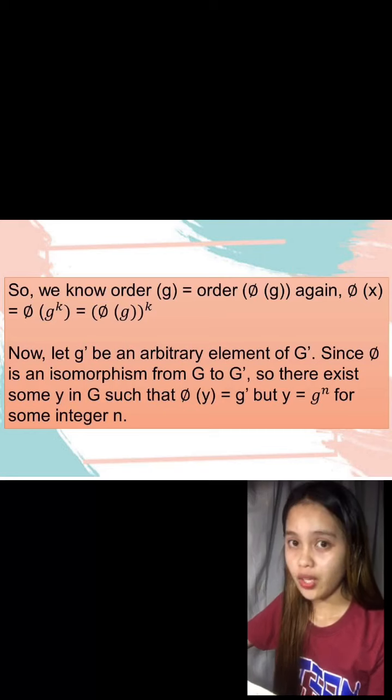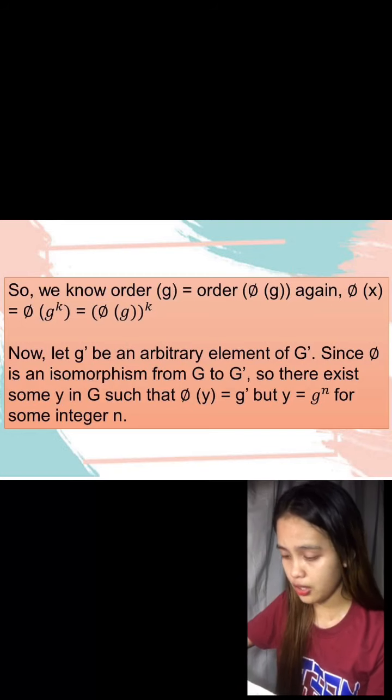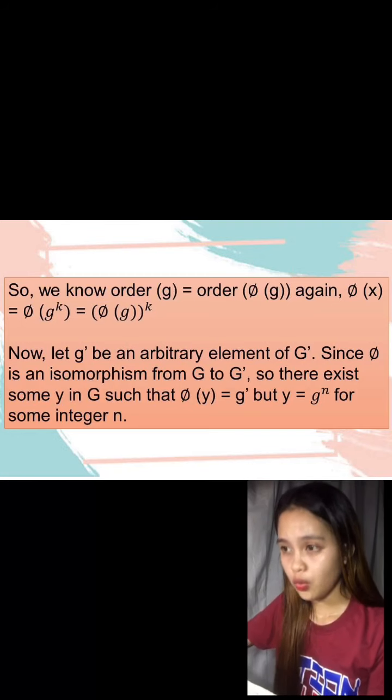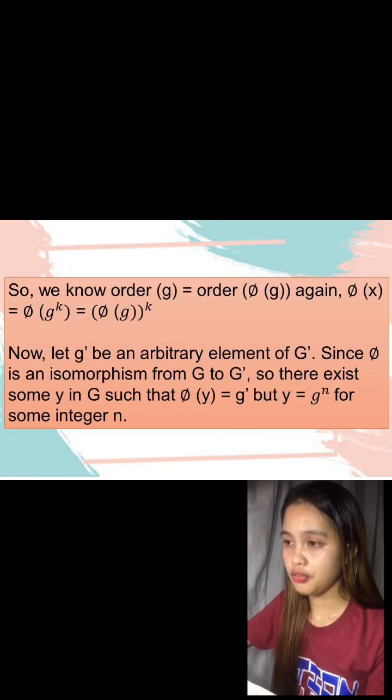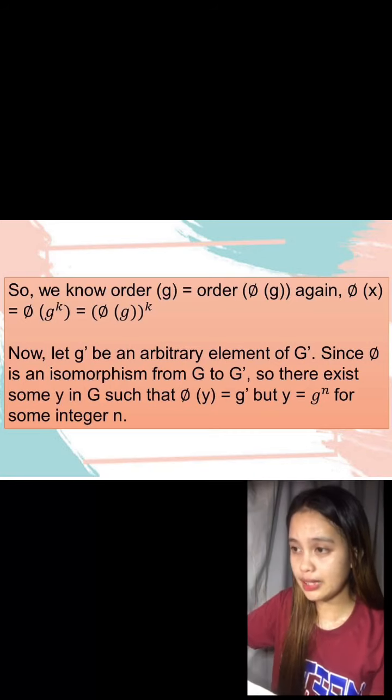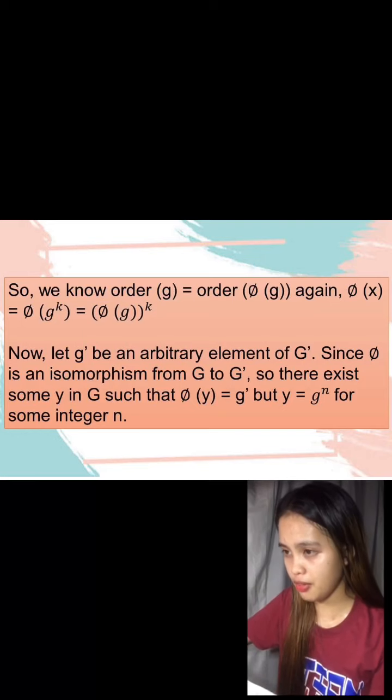So again, we can say that phi of x is equal to phi of g to the power of k for some integer k, which is also equal to phi of g to the power of k. Let me mark this with an asterisk to emphasize it.